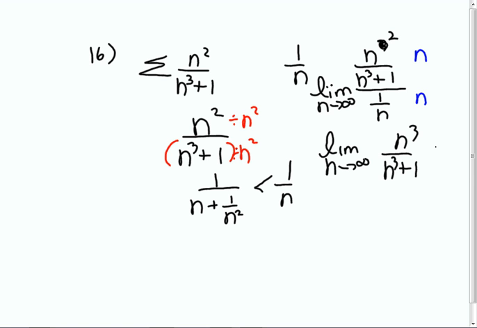What's that limit? 1, which means they both behave the same way. The ratios of their terms are very similar. In fact, they're the same for this one. So if 1 over n converges, this one will converge. If 1 over n diverges, the original series will diverge. But we know this diverges, right? That's what we compared it to. So this diverges by the limit comparison test.